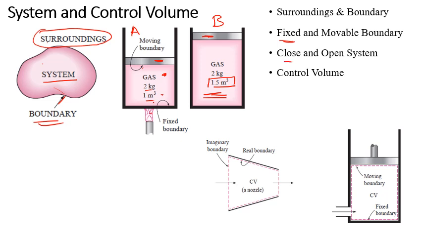Now there are two types of systems. One is closed system and the other one is the open system. Closed system is when there is no mass flow out of the system. We are just studying the mass within this system. We are not discussing the mass going out of that system.